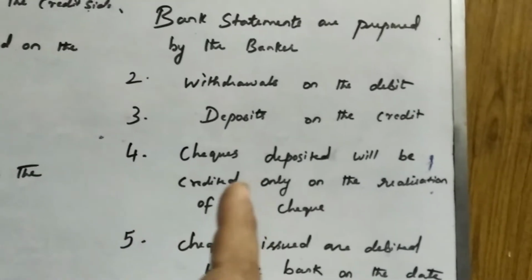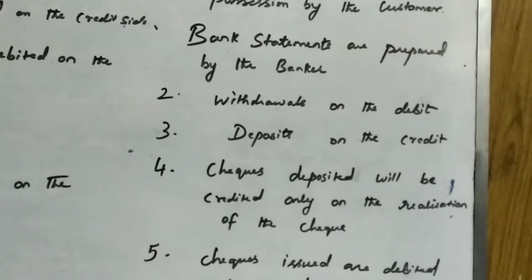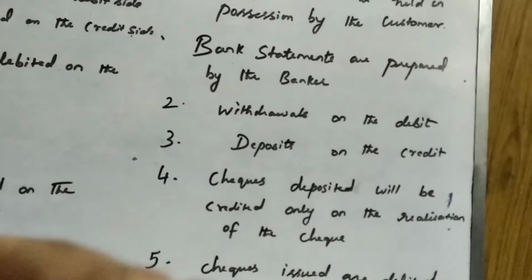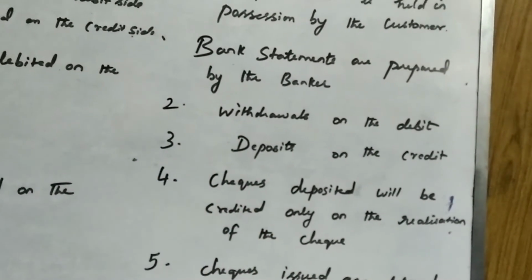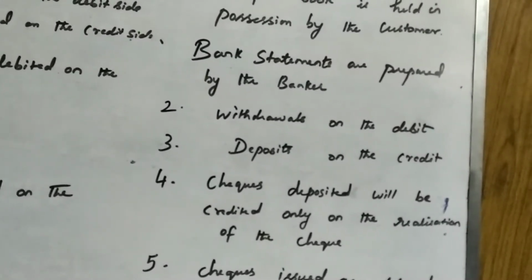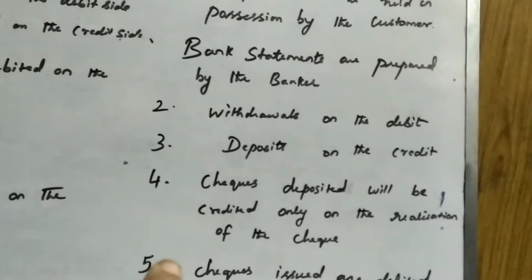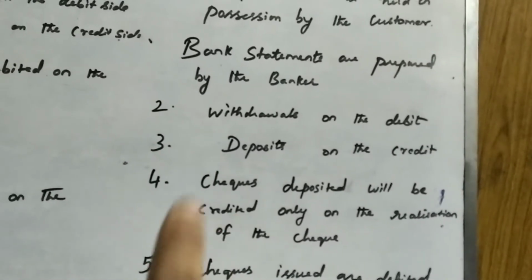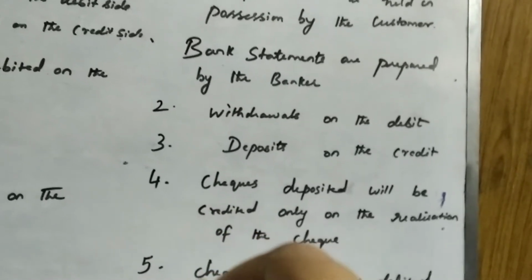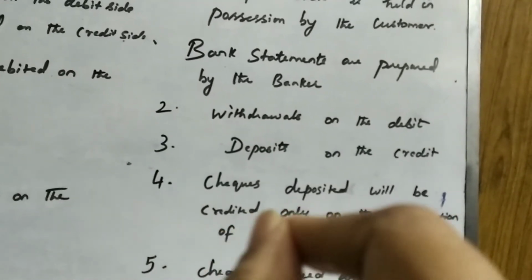There is a time lag now. Can you able to get the difference? On 11th of Jan, I am depositing the check with the bank. So I have recorded 11th of Jan in my cash book. So the date on which I have deposited the check. But the check is realized only on 13th of Jan. So in my passbook, it will be recorded only on 13th of Jan.